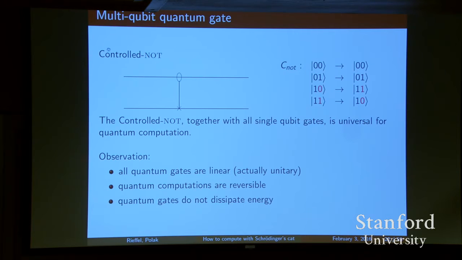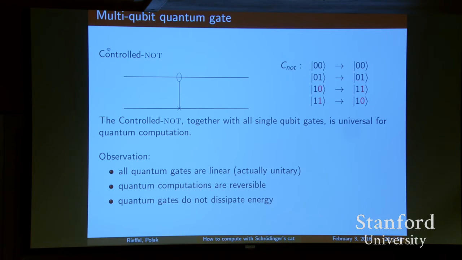And I list this observation here, and it comes from physics. I'm not going to explain why this is the case. It turns out that all quantum gates or all quantum transformations that we do are linear. In fact, they are unitary, which is a little bit stronger. And that means that all quantum computations are reversible.